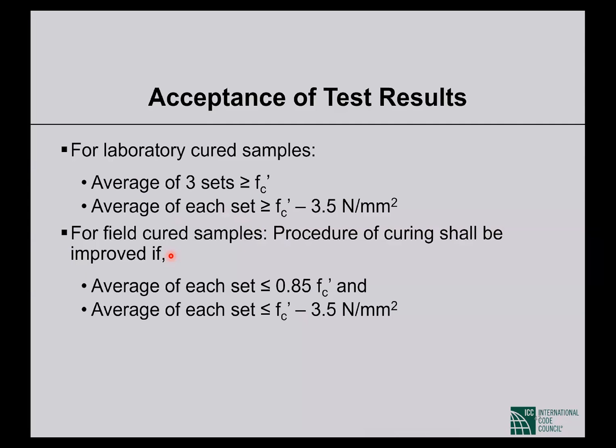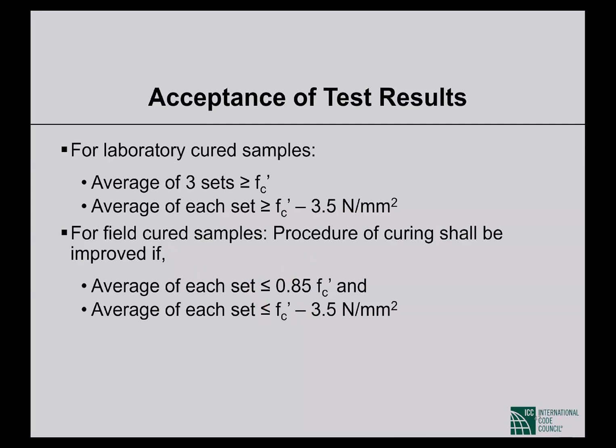But for field cured samples, where you don't send the samples to the lab, you cure them at the field until just before the testing. In that case, procedure of curing shall be improved.